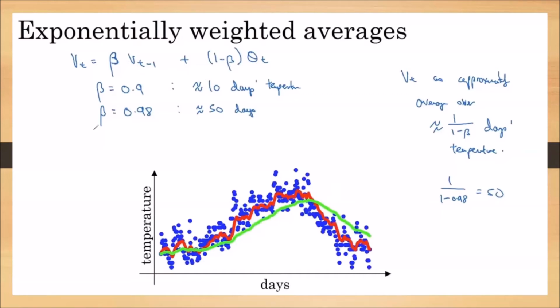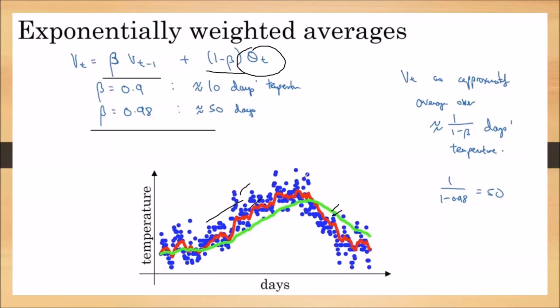Now, when we are taking 50 days, beta is 0.98, which means 1 minus beta is 0.02. So we are neglecting the contribution of the present day temperature. That's why this graph is slightly deviating from the everyday temperature.